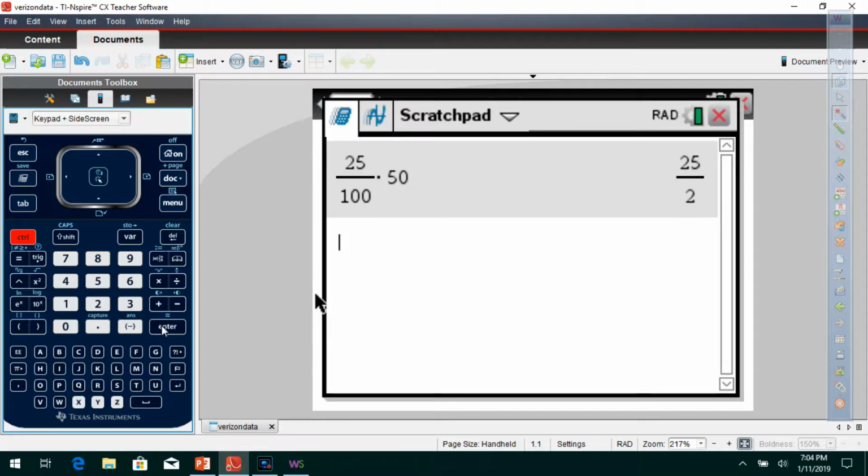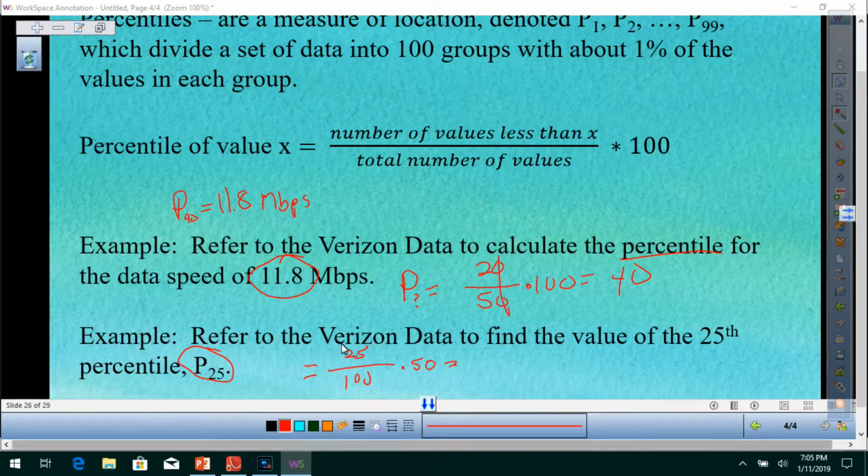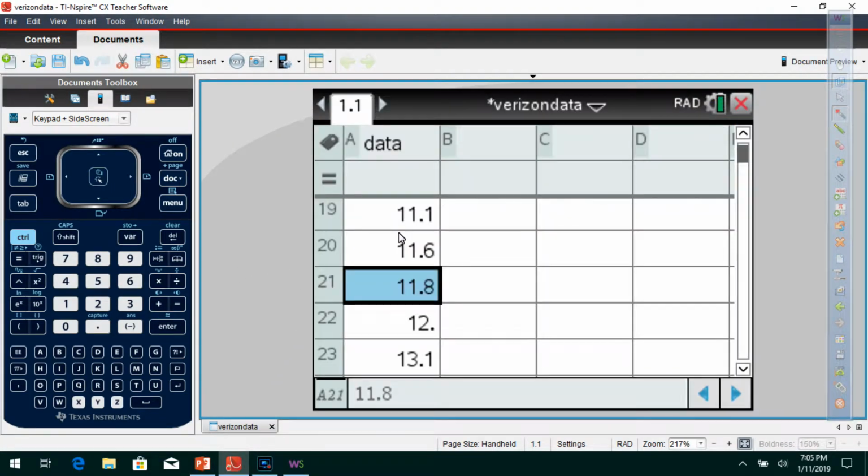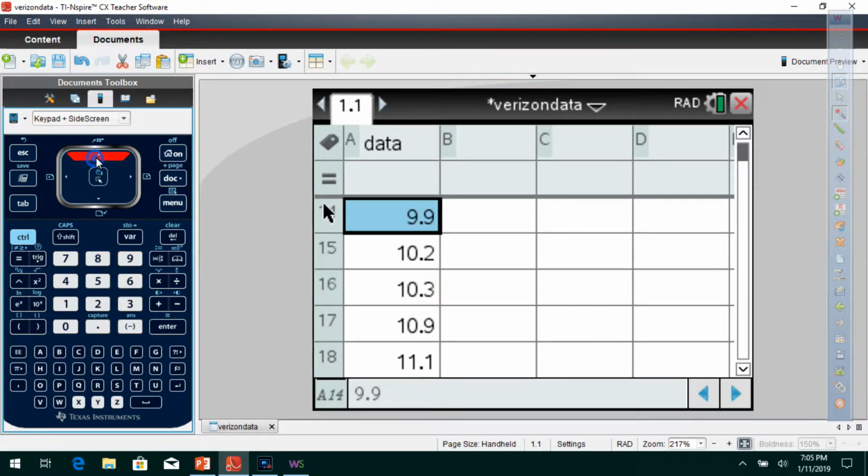I hate when it does that. Control divide. 12.5. Okay, I don't have a 12.5, so I'm going to have to go up to the next number, 13. So let's find where 13 is. 13 is 7.9.